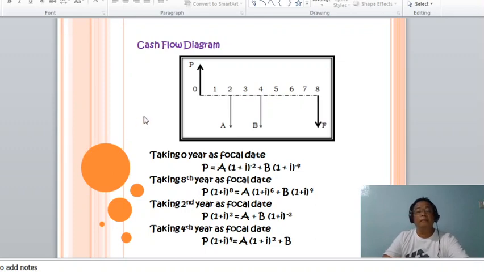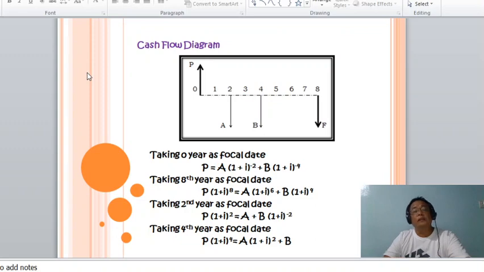By this time, we are going to eliminate F. Instead of F, we use A and B. So instead of a single payment at the 8th year, we are going to consider two payments, at year 2 designated as A and at year 4 designated as B. So we are going to consider 0 as the focal point.